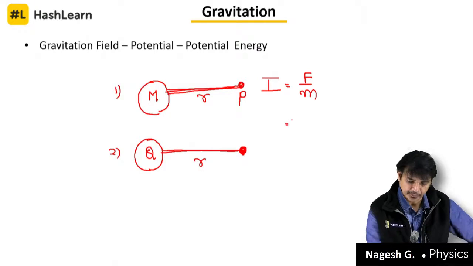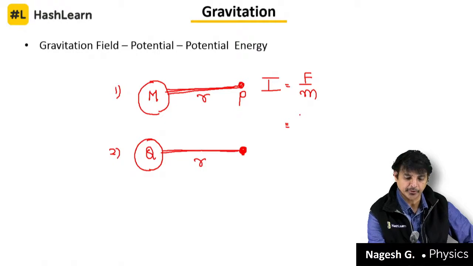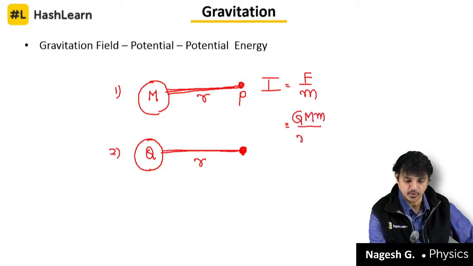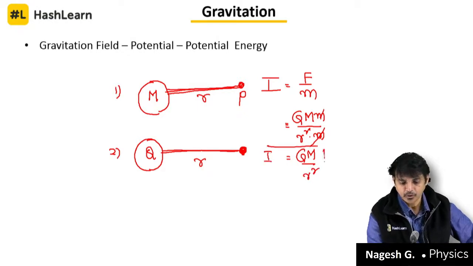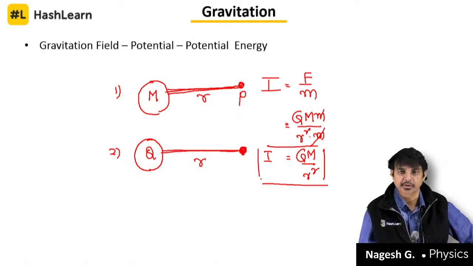But already in our last classes we have seen F is equal to GMm by r square. So you came out with the result GM by r square. So I is equal to GM by r square is the intensity of the gravitational field.